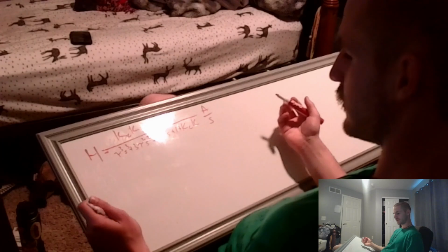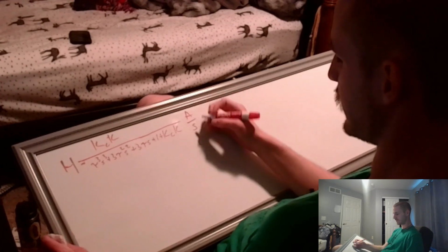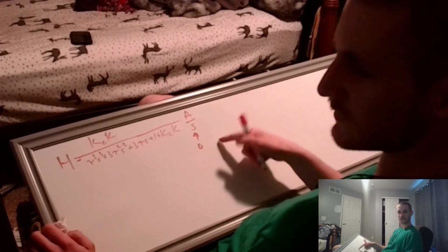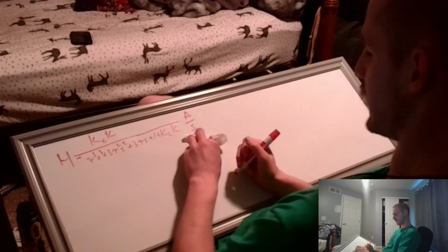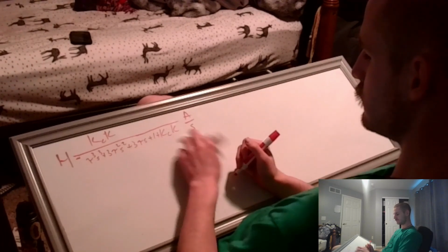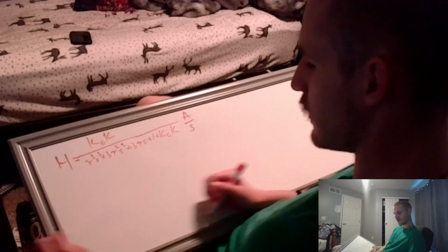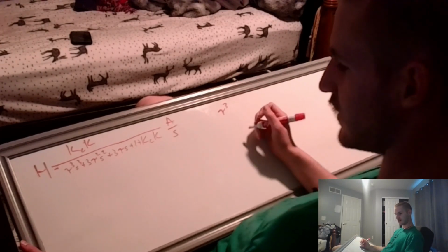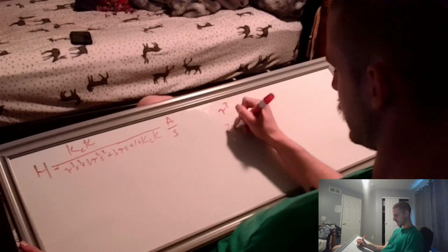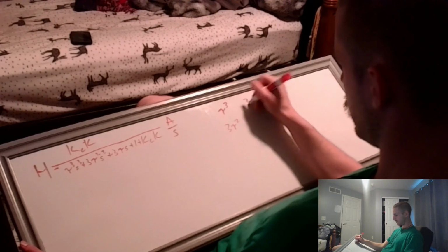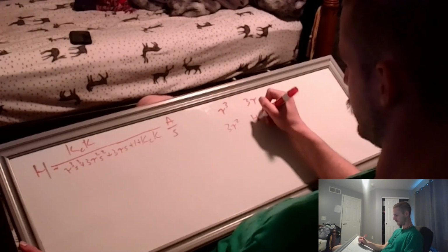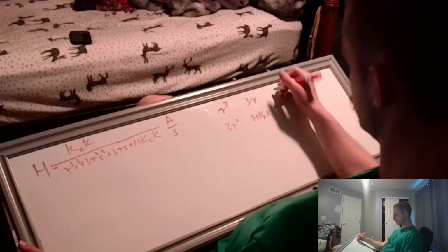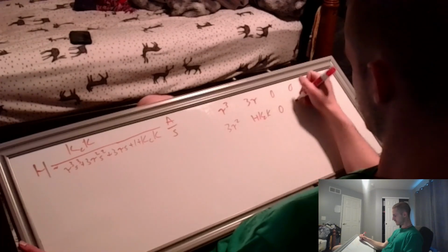So for the Routh-Hurwitz, of course, we know that this root is 0 already, so we don't have to worry about that. If I take our tau cubed, place it here, and then we have 3 tau squared, 3 tau, and then 1 plus Kc k, and then a bunch of zeros.